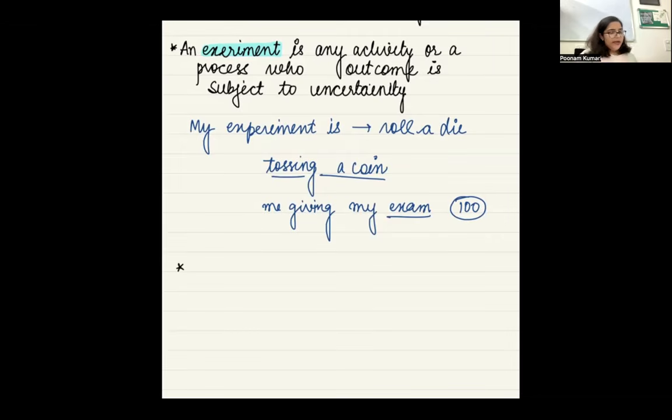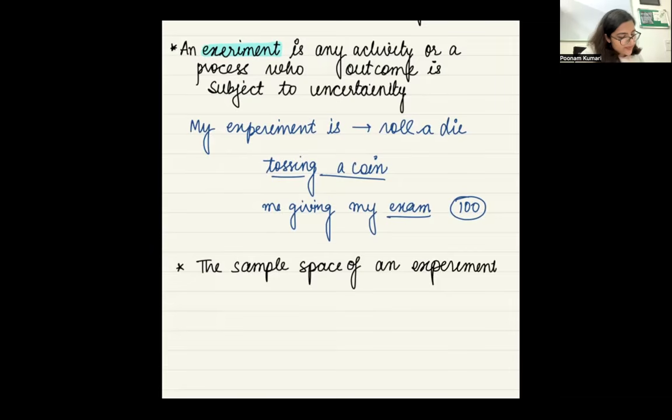Okay. All right. Because you have uncertainty, that means there are multiple possibilities that can happen. So when you list down all the possibilities, that is called the sample space of that experiment. So what is a sample space? Whenever you talk about sample space, it is related to an experiment.